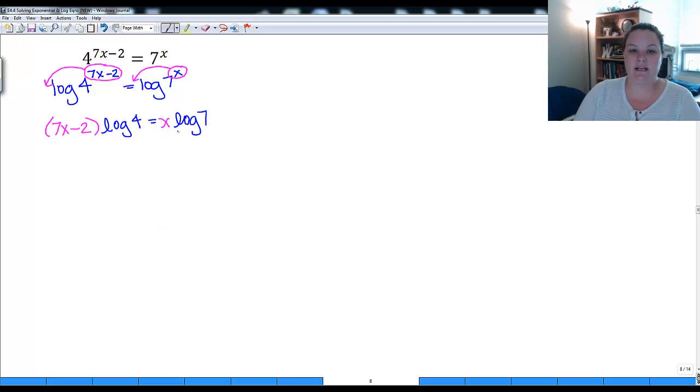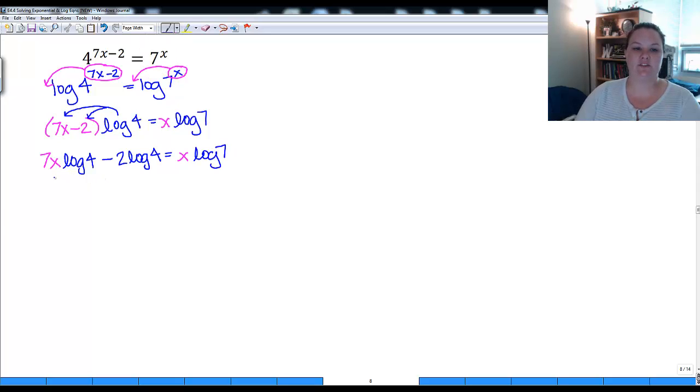Right now I have this x over here on the right, and I have this x that's stuck in this quantity. So I'm going to go ahead and distribute that log 4 in so that I can get that x term by itself. So what I'm ending up with is 7x times log 4 minus 2 times log 4 is equal to x log 7.